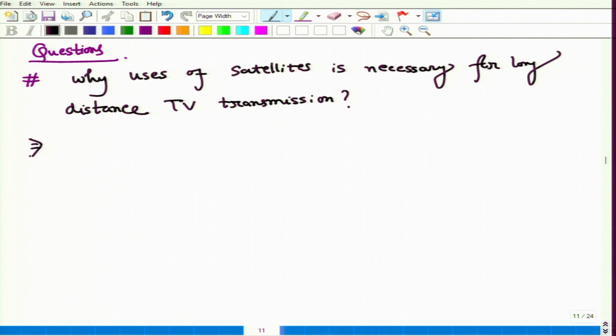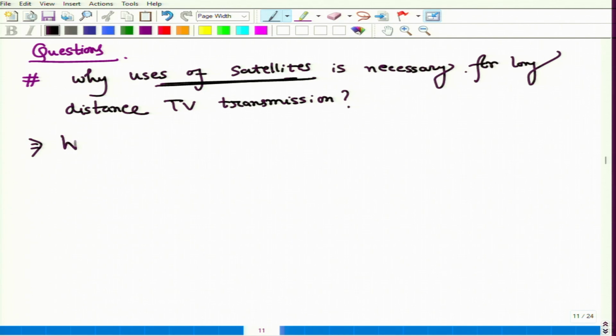The answer is waves of very high frequency are necessary for long distance TV transmission, because they should travel through the ionosphere, and that's why we need satellites.